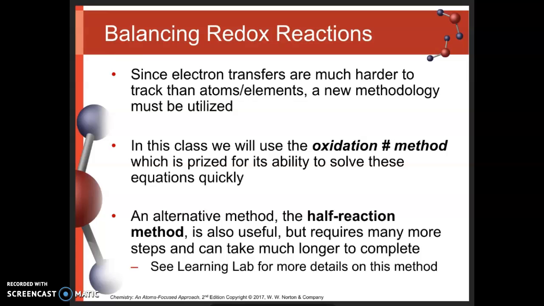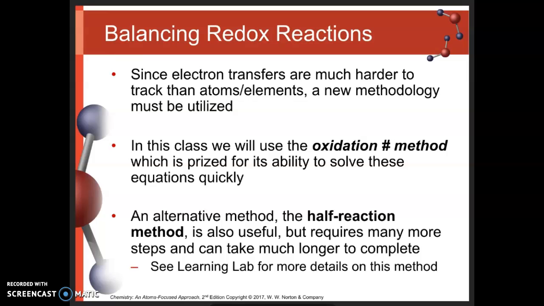And so there are two primary methods for doing the redox reaction balancing. I'm going to focus on something called the oxidation number method. The reason I focus on this one is if you can do oxidation numbers, it's really quick to solve these because it becomes a matter of a series of relatively small steps that you can use to balance.